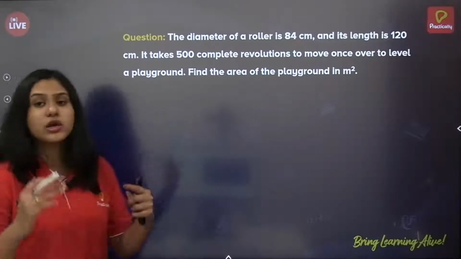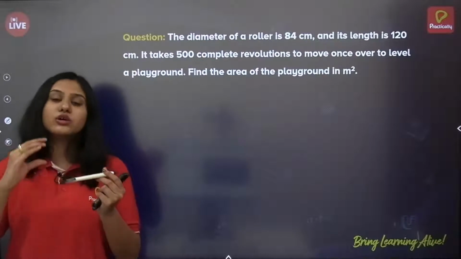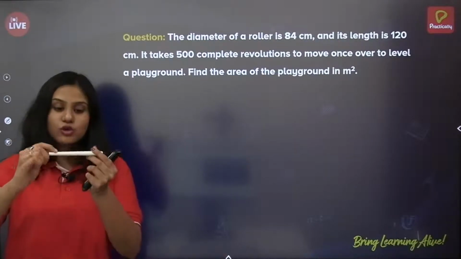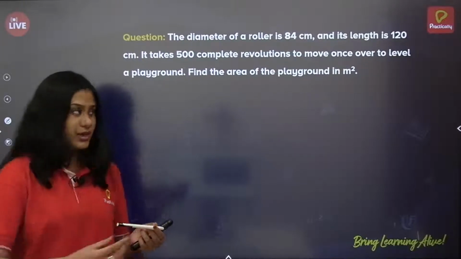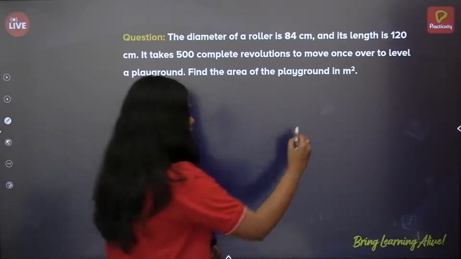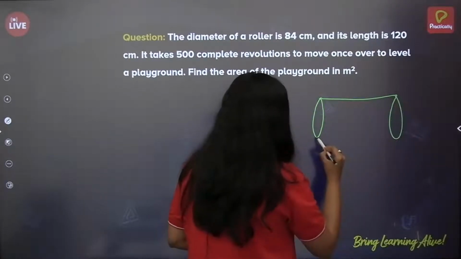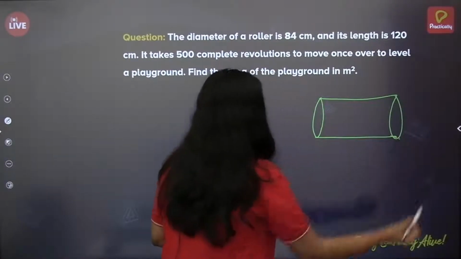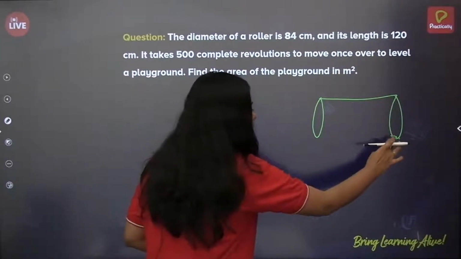It's a roller. So, you know what a roller is, right? If it's a road or playground, a roller is cylindrical in shape and you roll it on the playground so as to even it. Correct? So, the roller will be like this. Okay, let me just redraw it.